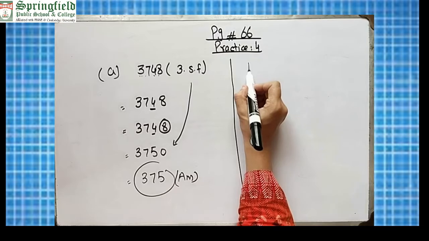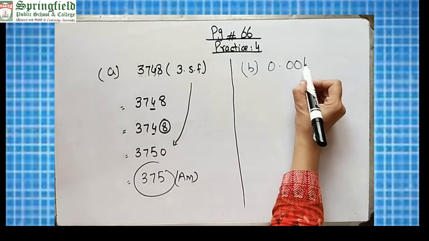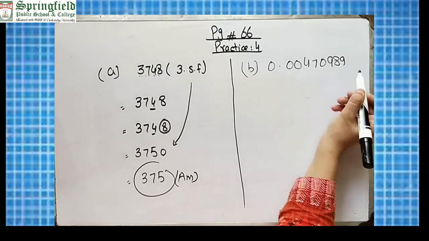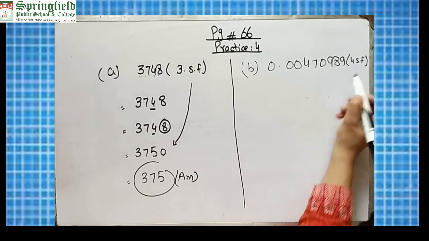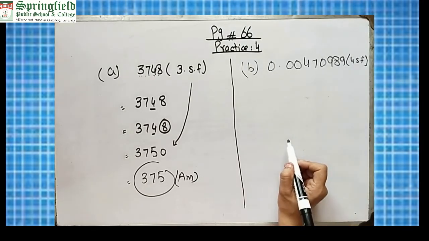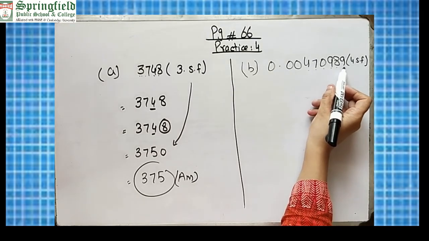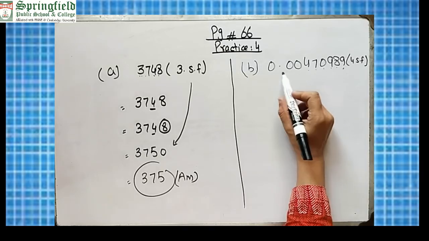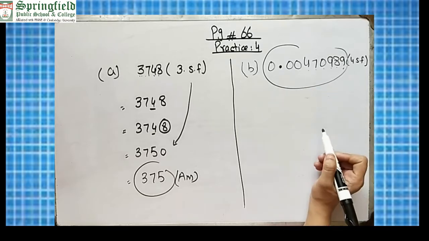Okay, and the B part is 0.00470989. They are saying round off to 4 significant figures. So how many significant figures are there? 1, 2, 3, 4, 5, 6. According to the rule, this is a decimal number due to the decimal point.